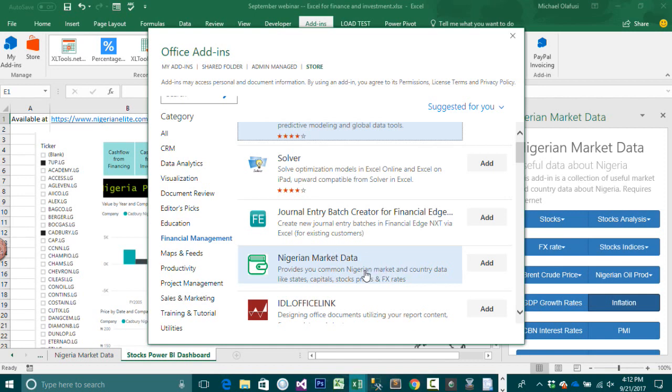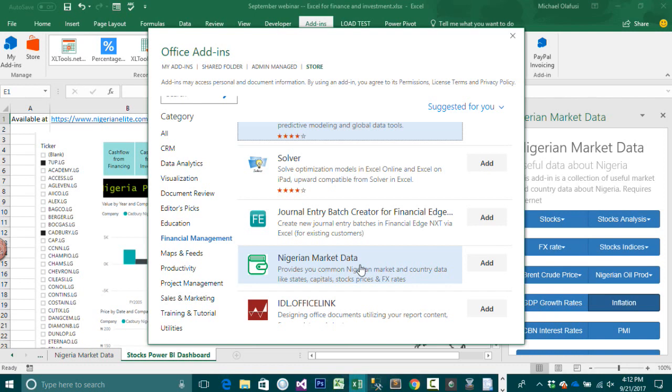Not Nigerian stock market, Nigerian market data. That's the name, so search for Nigerian market data and you'll see it come up.